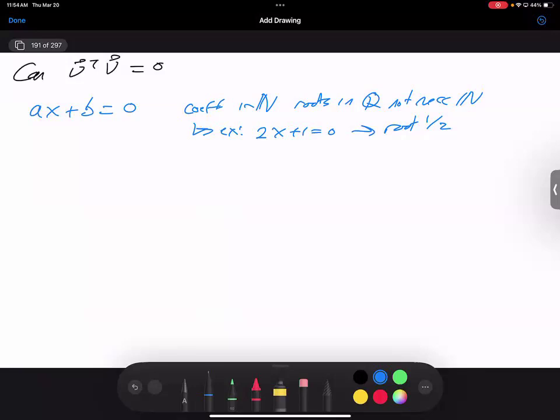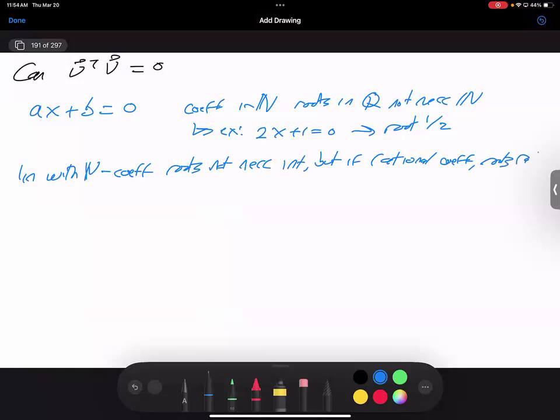So linear with integer coefficients, roots not necessarily integers, but if rational coefficients, roots are rational. So the linear polynomials with rational coefficients, we don't have to expand our space beyond the rationals to get the roots.